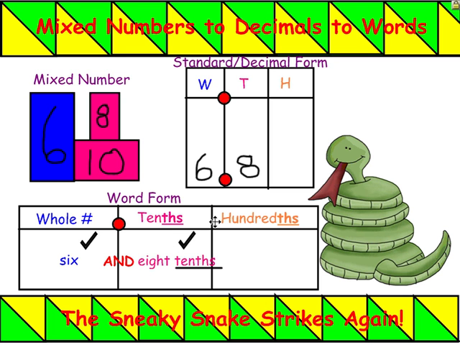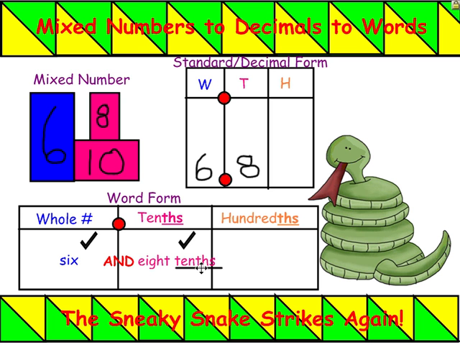I've checked it off. I've written the whole number on the whole side of my decimal sneaky snake chart and a whole number in the whole number box of my mixed number. And I also wrote the fractional part underneath the last name and as a decimal. This is 3 ways to write 6 and 8 tenths.